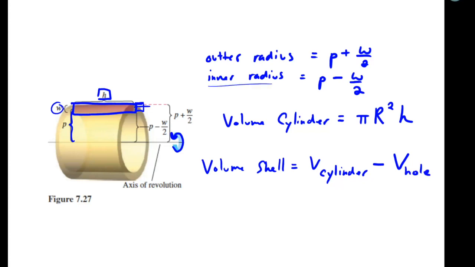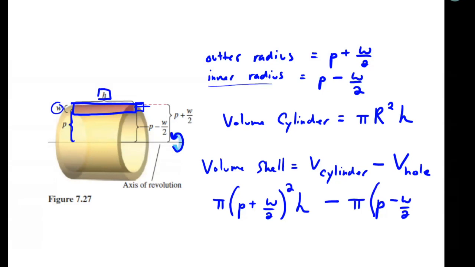So putting those two together, we have pi times our outer radius, p plus half of w, squared, times h, minus the volume of the inside, our inner radius, p minus w over 2, squared, times h.